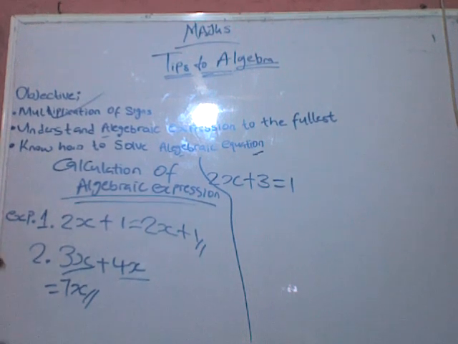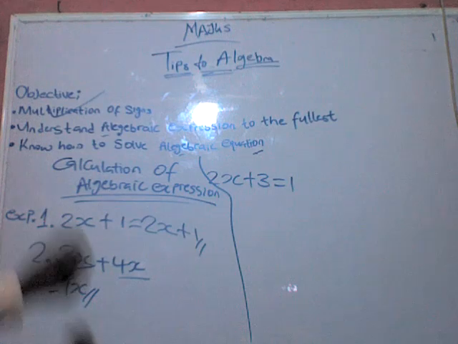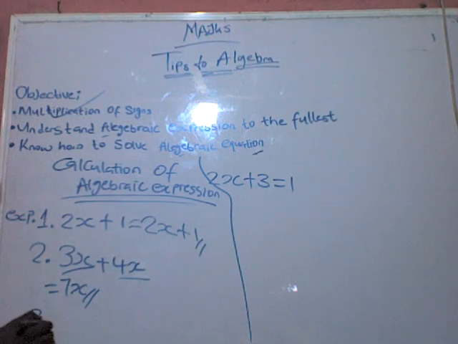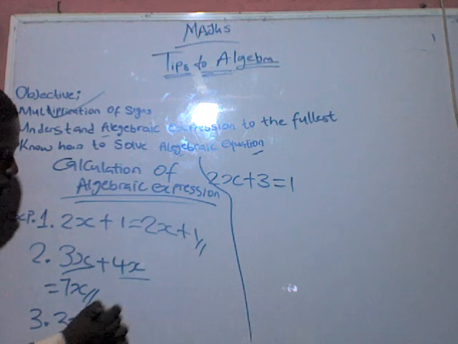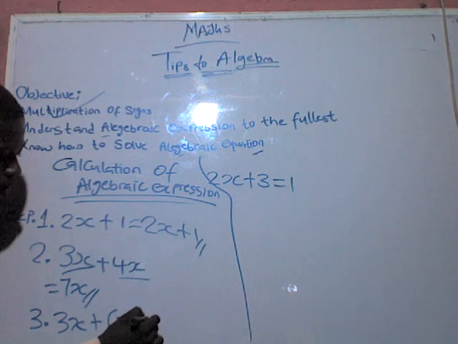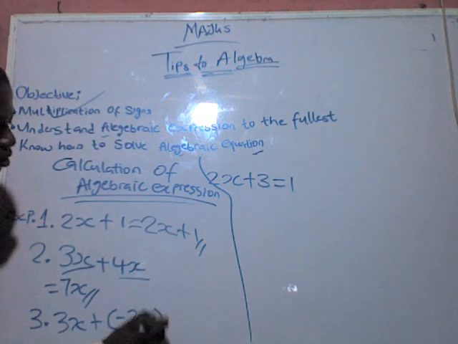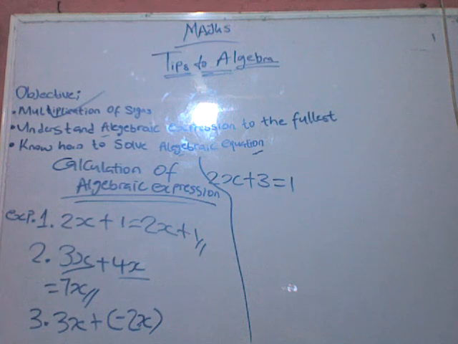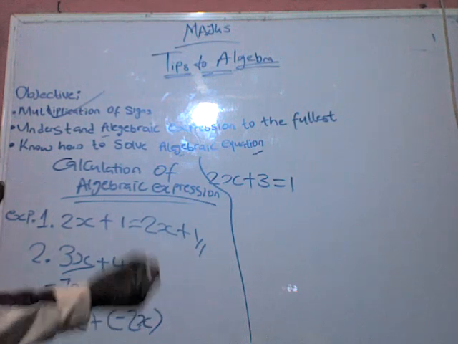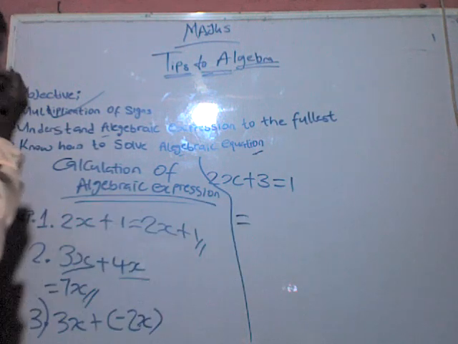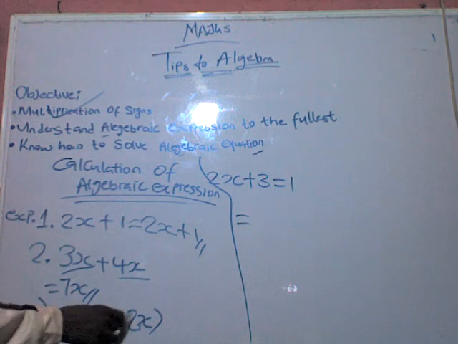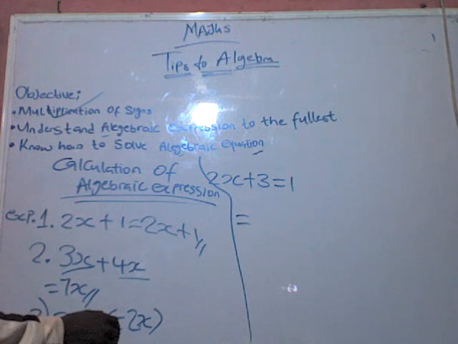So let me take another, slightly trickier question. When you have multiplication of signs, for example, we have 3x plus open bracket minus 2x. Now how do we do this expression? We have to open up the bracket by multiplying this sign by this sign.